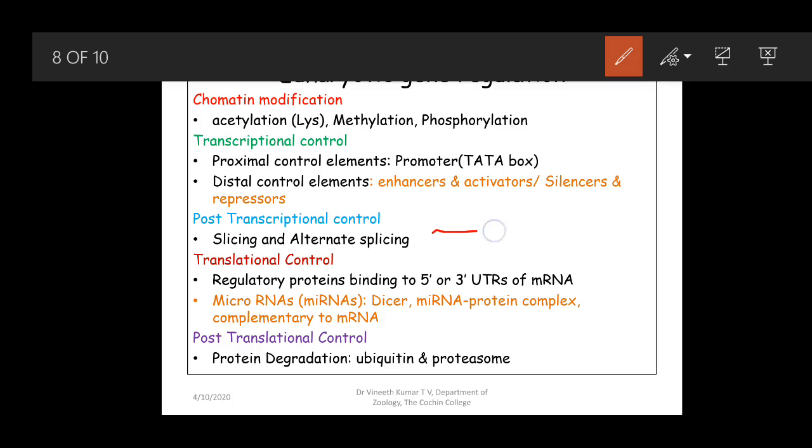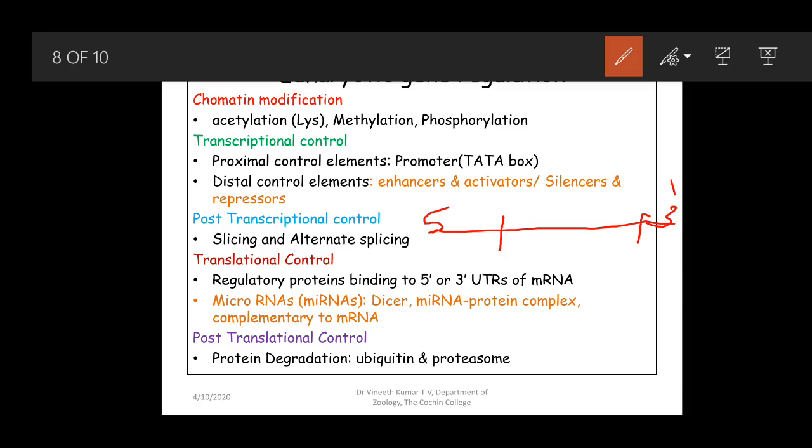In that mature mRNA, from the 5' to the 3' region, the AUG, the correct protein sequence, starts from here. You will sometimes have an untranslated region, UTR, in the 5' region, and sometimes in the 3' region. Anywhere you see this untranslated region, it will not be translated.